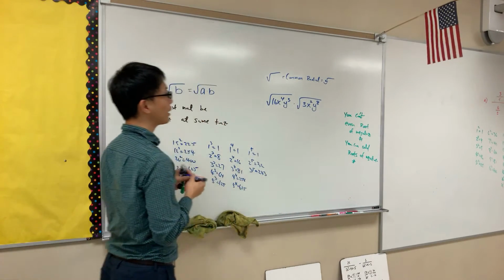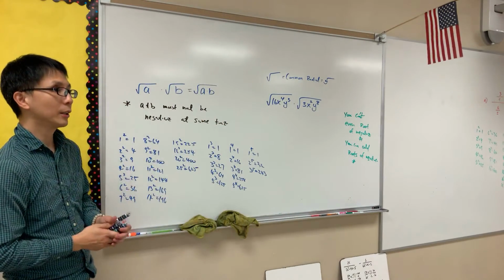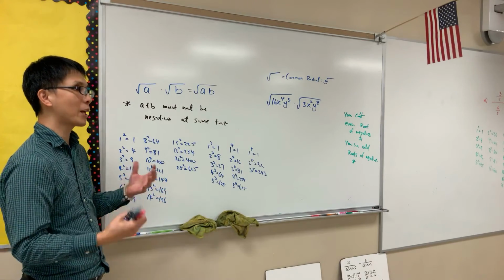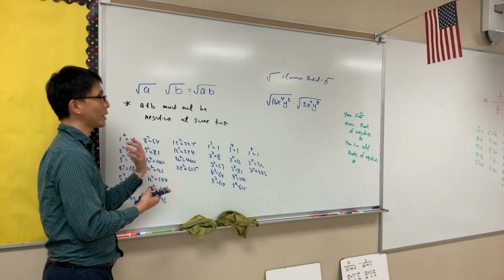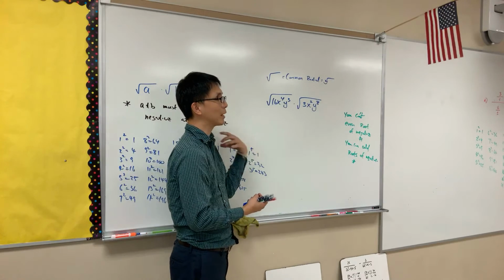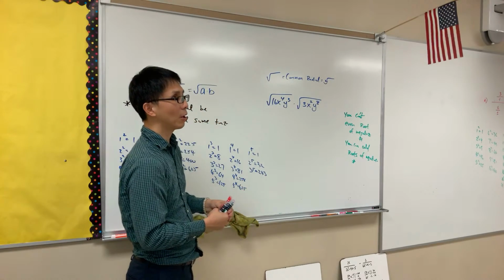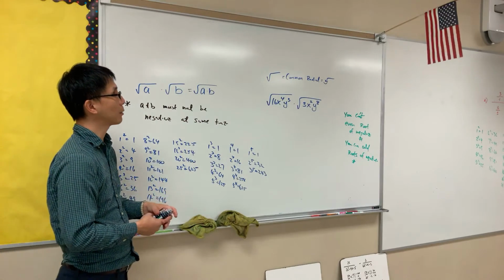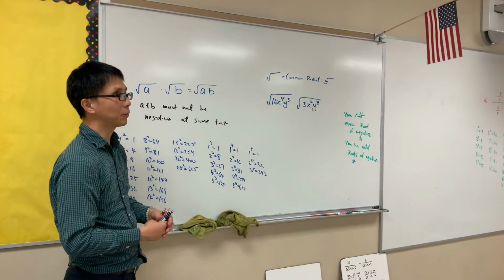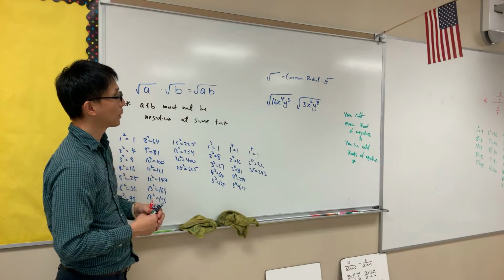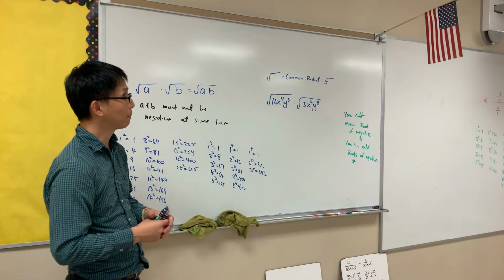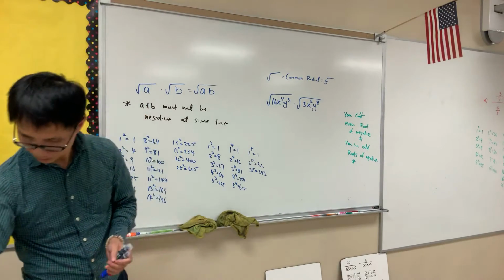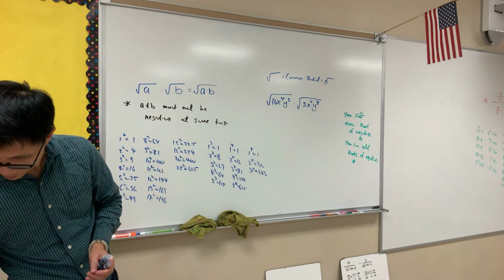So I want to simplify this into one radical and then try to extrapolate, take out as many x and y from the radical. This is a very simple one, this is back in algebra 1, and we can simplify this, but hopefully this time you can do a better job. And we're gonna talk about the dividing rule as well.